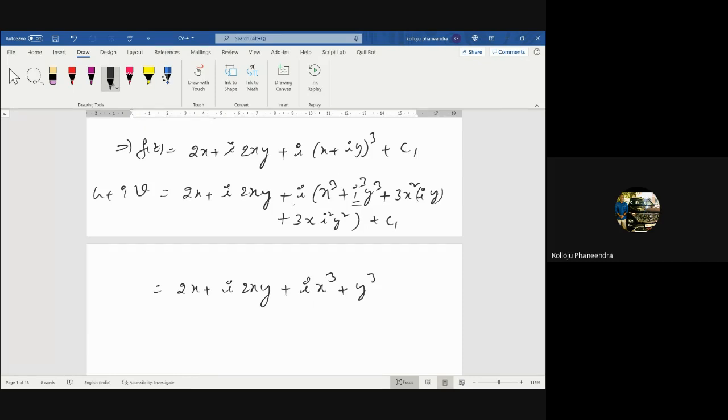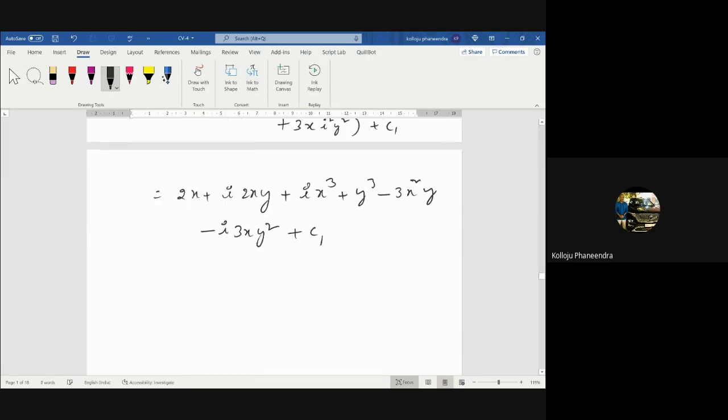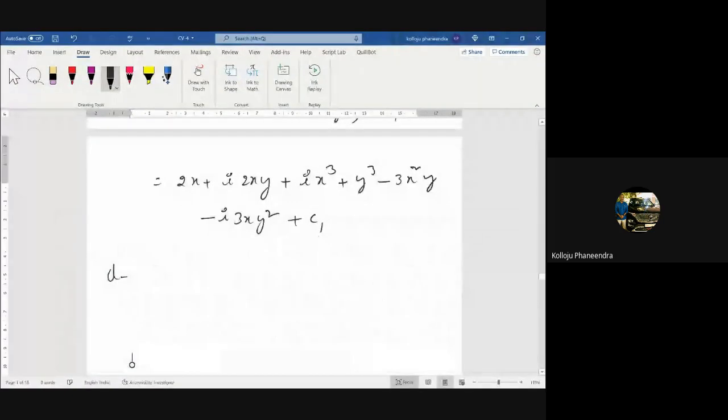Next one, i into i square negative, minus 3x square y. i cube means minus i, you will get 3x y square, plus c1. Now separate real and imaginary parts to get u and v. u plus iv equal to, let me write real parts together, 2x plus y cube minus 3x square y. And one can write this c1 as c1 plus i c2 like this.